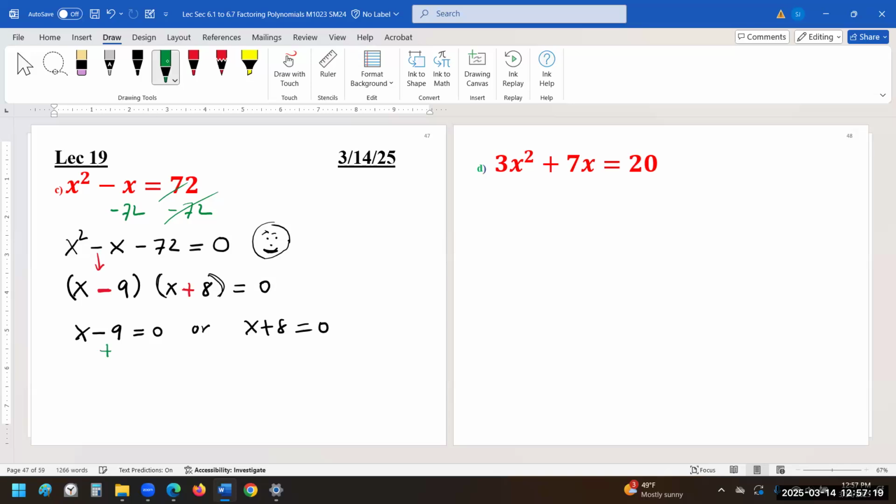So for the first factor, we add the 9. And for the second factor, what do we do? Subtract the 8. So if our x is 9 or if our x is negative 8, this result has to be 0. So we have two answers.